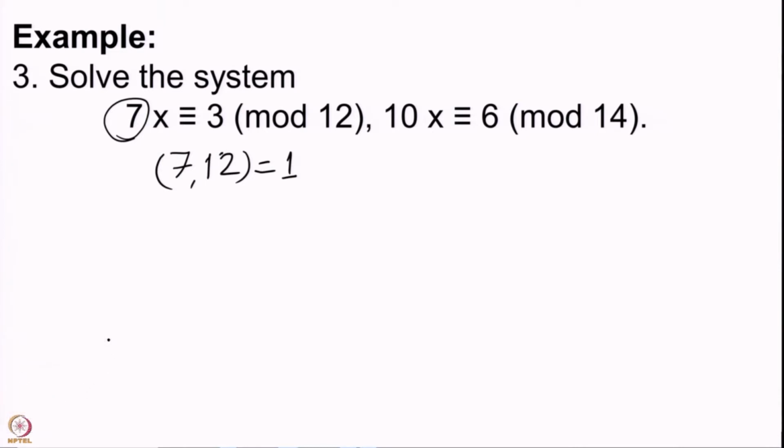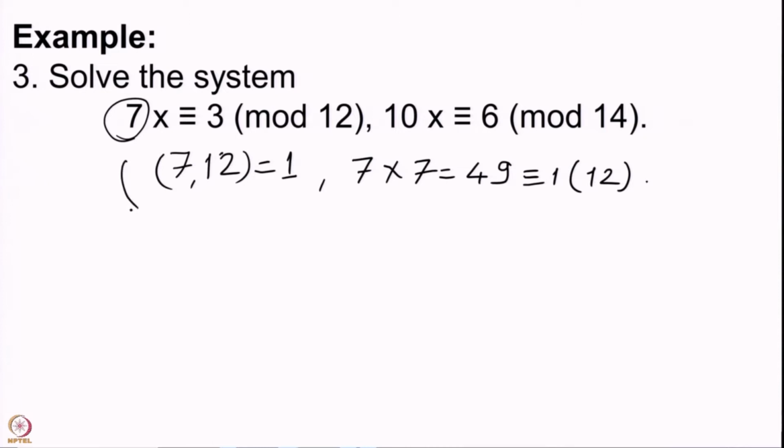So, what is the inverse of 7 modulo 12? Again this is something that we have done. The inverse of 7 is 7 itself, right. 7 times 7 is 49, and this is 1 modulo 12.